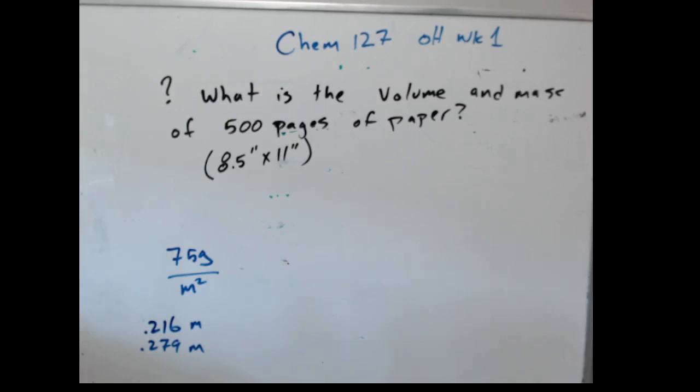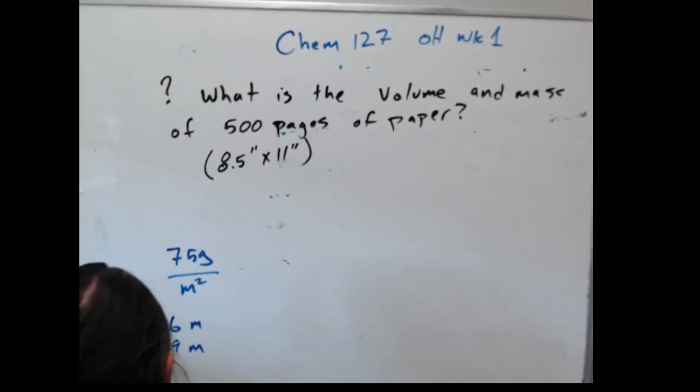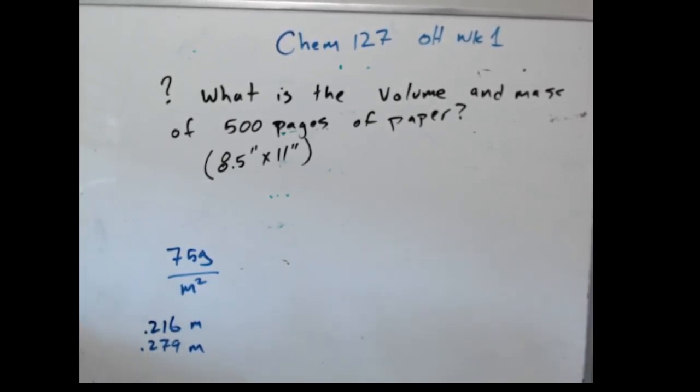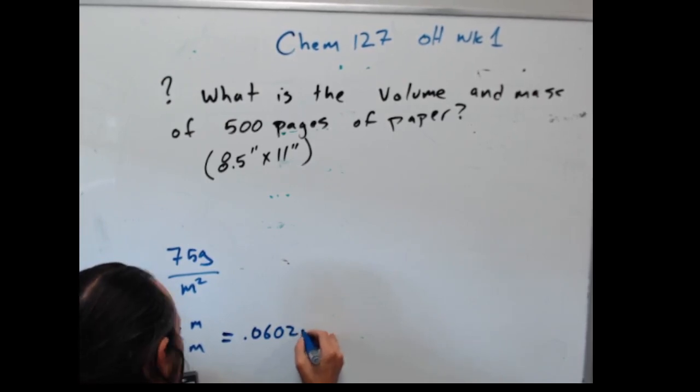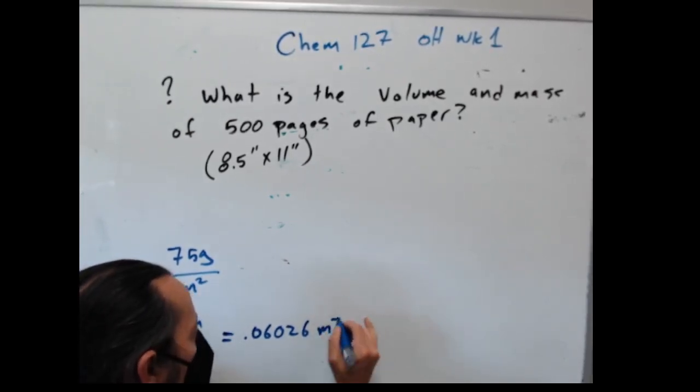I think I found a way around from the information on the package. It told me that it has 75 grams per meter squared, and it told me that each page was 216 by 279 millimeters, which is 0.216 by 0.279. So I can multiply those two numbers together, 0.216 times 0.279, and each page of paper has a surface area of 0.06026 meters squared.